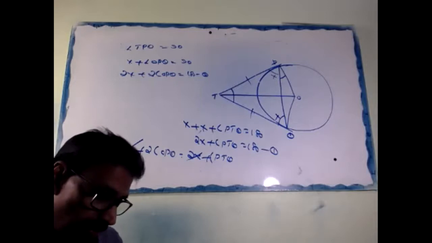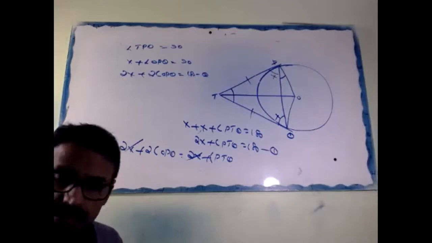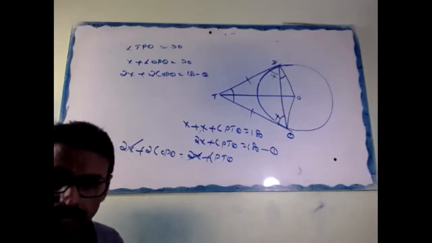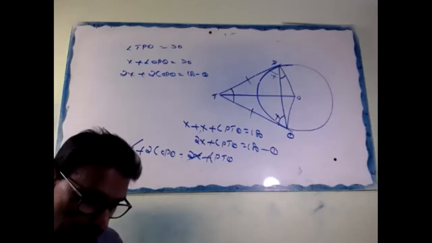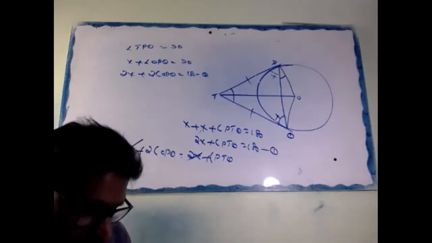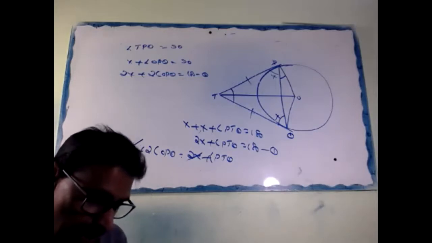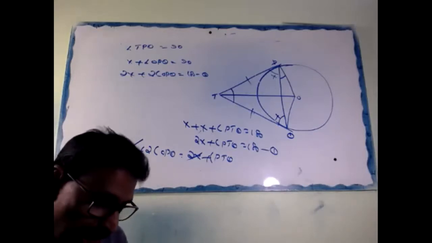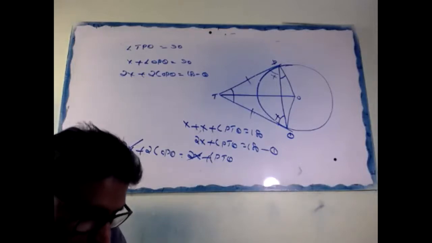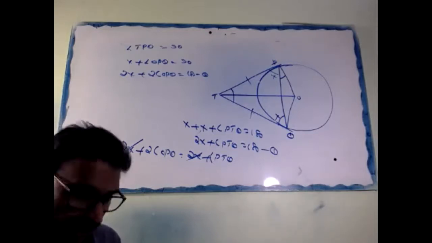From an external point P, two tangents PA and PB are drawn to a circle with center O, such that angle APB is 120 degrees.